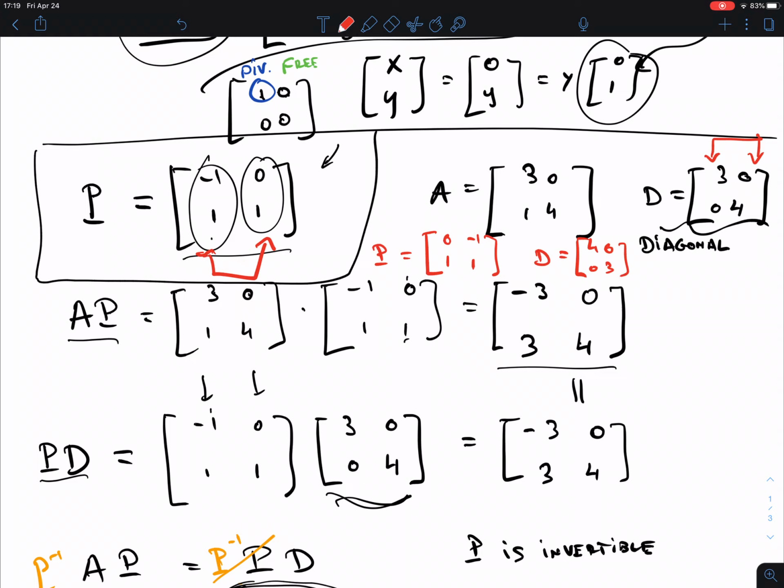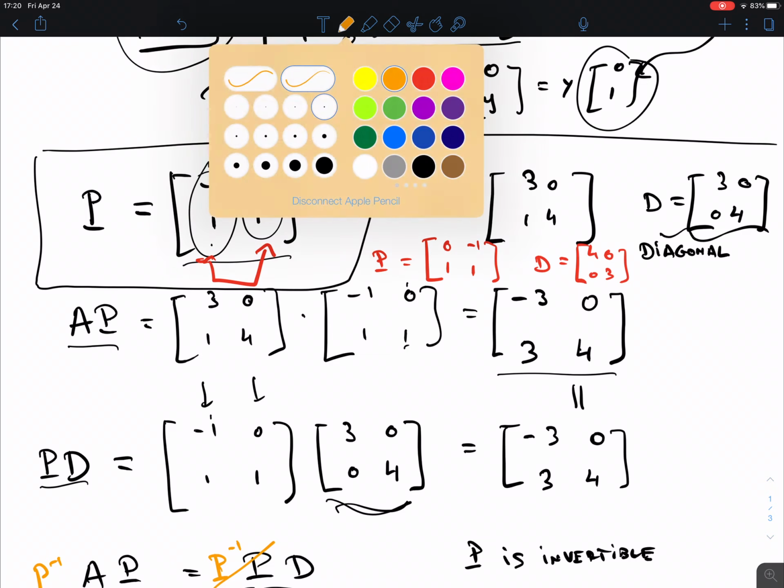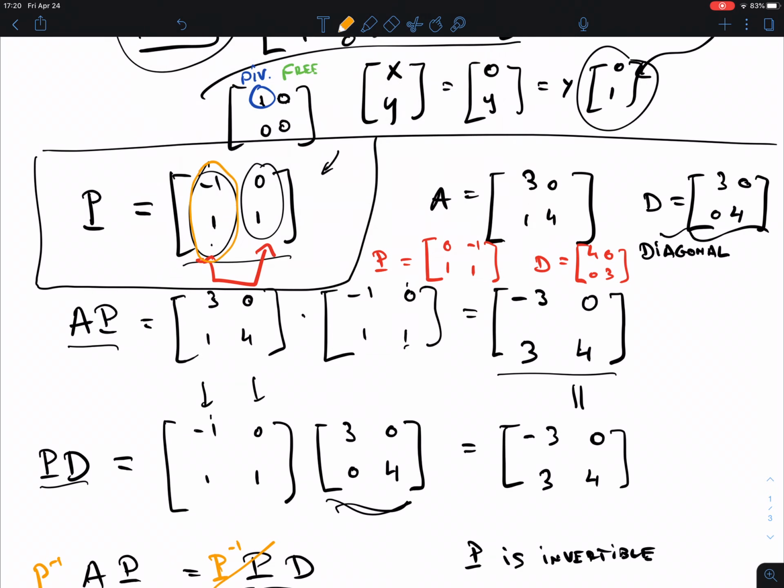Switching the rows is actually not exactly what happens here, it's the columns. So what is the connection between P and D? Again, next examples will make this clear. This was the eigenvector corresponding to eigenvalue 3.